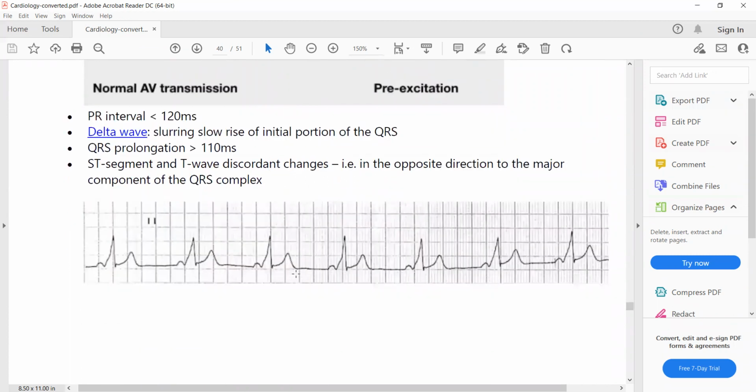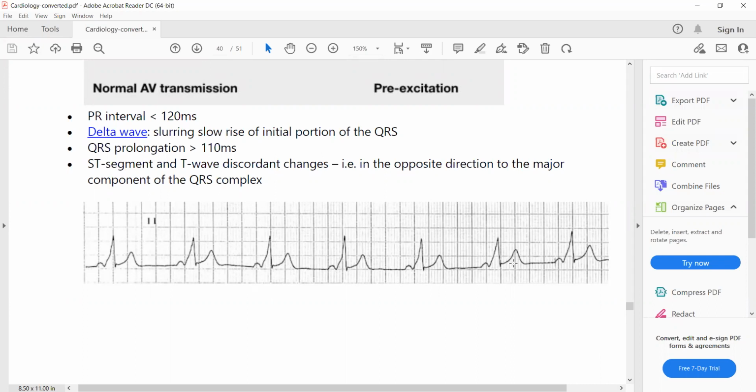In an example ECG of Wolff-Parkinson-White syndrome, you can see that there is a slant or a slope of the PR interval here, here, here, and here. In all the QRS complexes, the PR segment is forming a slope with the QRS complexes.